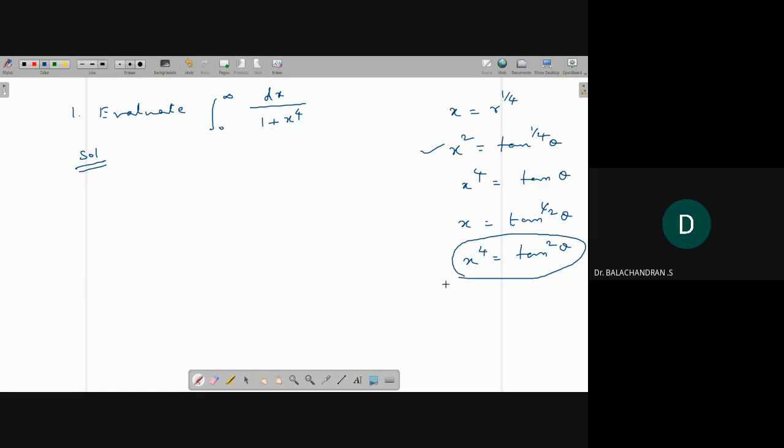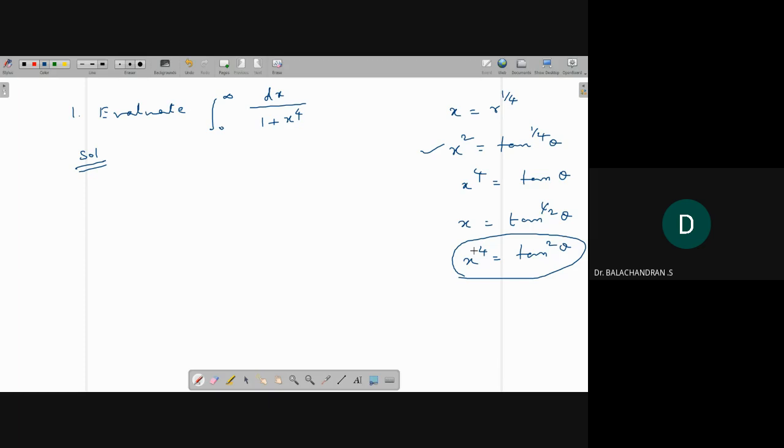At least some of you are replying to the question, and this is the correct substitution. Because if you substitute the correct substitution, you will get the correct answer.